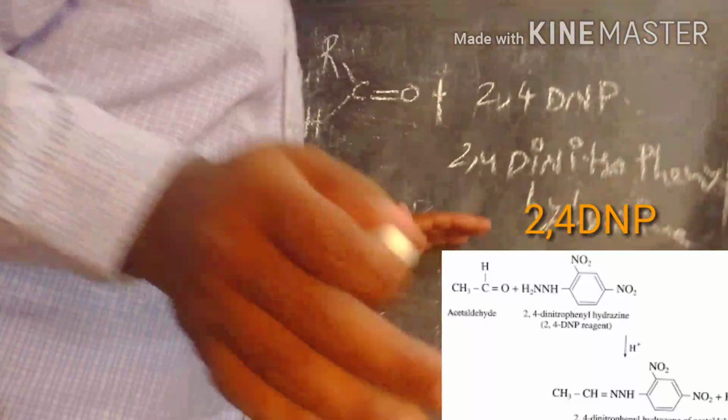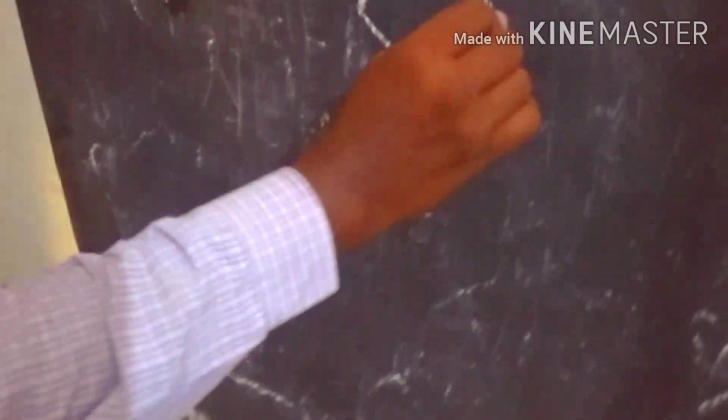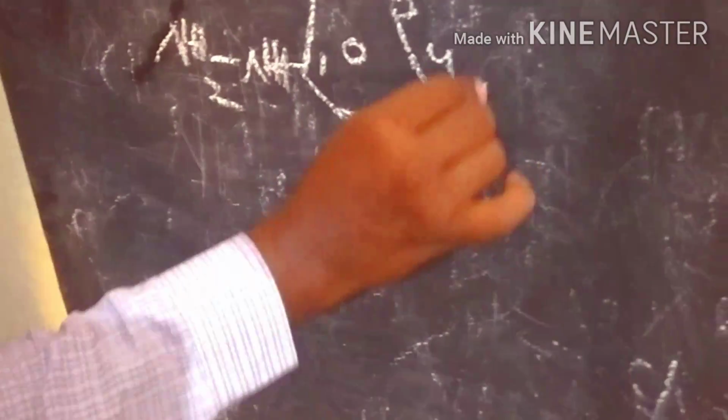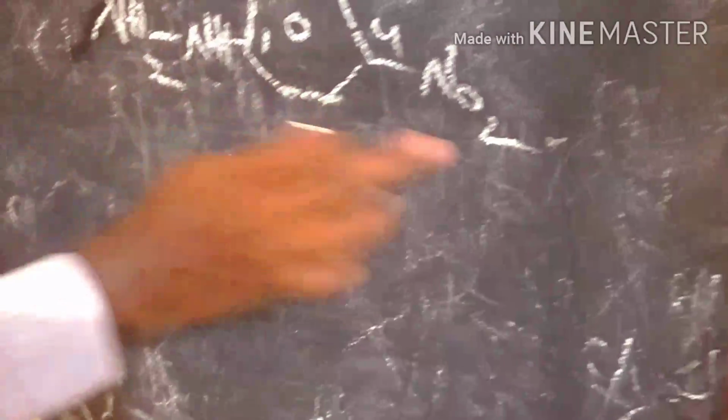So this is the 2,4 DNP: NH and NH2 at position 1, 2, here one nitro group, 3, 4, here another nitro group. So 2,4-dinitrophenylhydrazine. This reacts with an aldehyde.